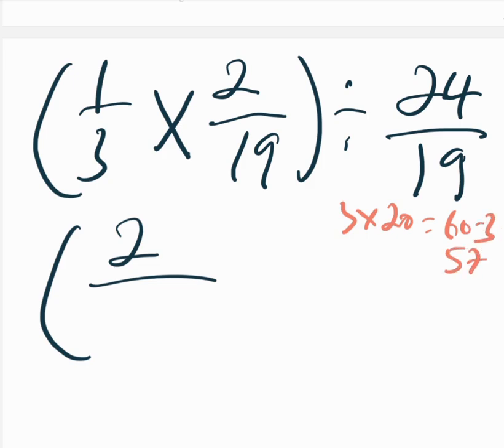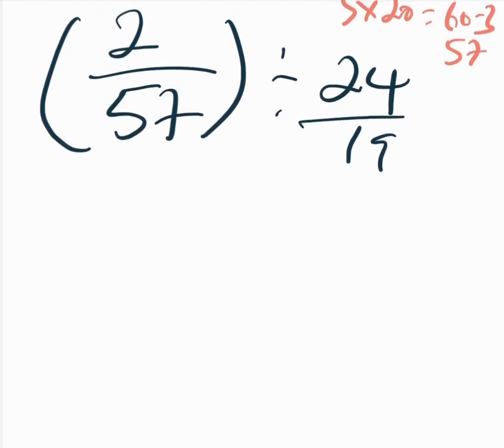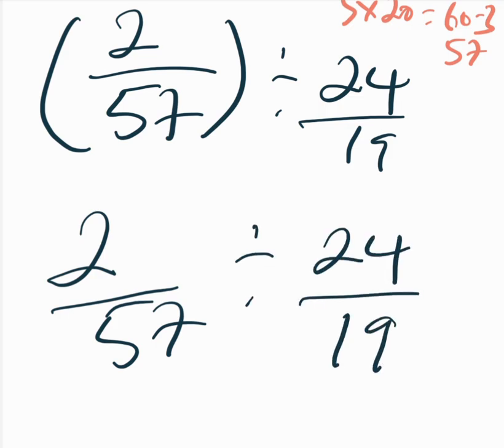That's what I do. So here I'm going to have 57. Put the bracket now. Divided by 24 over 19. So we proceed. Here we're going to have 2 over 57 divided by 24 over 19, right?